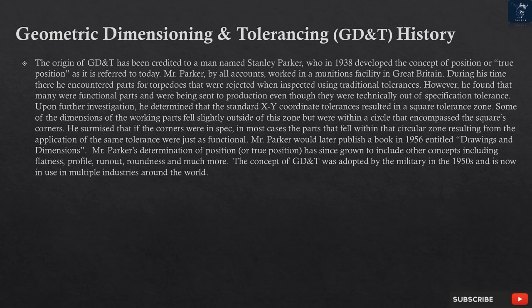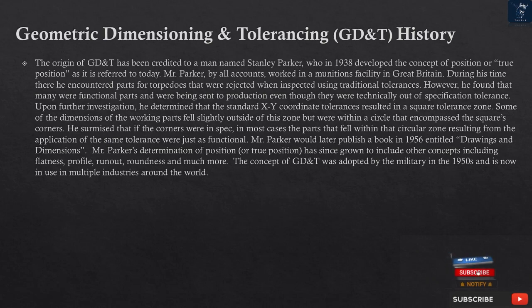During his time there he encountered parts for torpedoes that were rejected when inspected using traditional tolerances. However, he found that many were functional parts and were being sent to production even though they were technically out of specification tolerance. Upon further investigation, he determined that the standard XY coordinate tolerances resulted in a square tolerance zone.